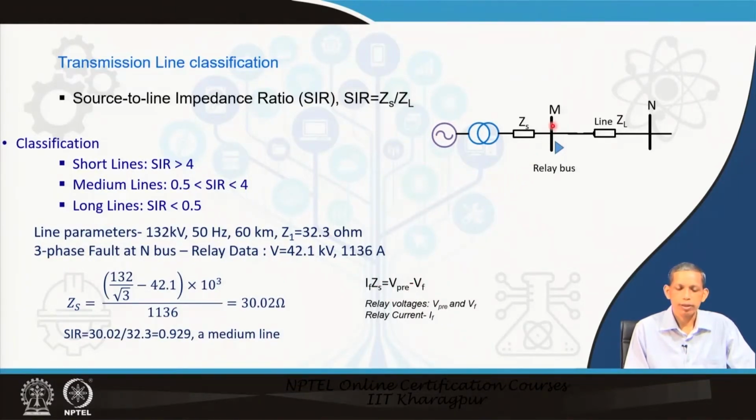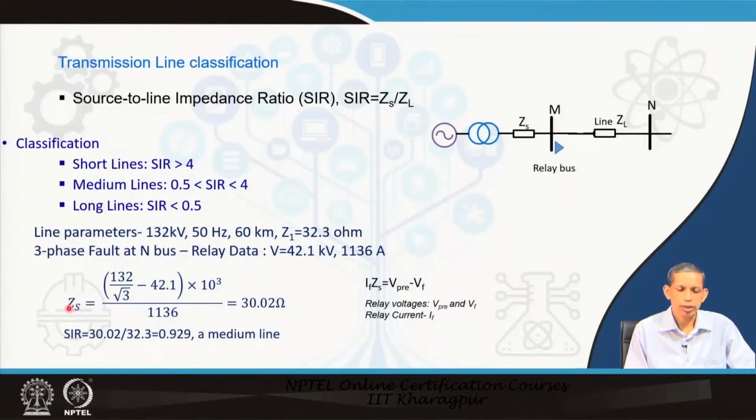The other way we say that before the fault this bus was having a voltage of 132 kV line to line. Now, following the fault, the corresponding bus voltage here happens to be 42.1 kV phase voltage, that is what is recorded by the relay. Therefore, Z_S equals 132 by root 3 minus 42.1, that is V_pre minus V_f, divided by this current I_f, and that gives us 30.02 ohm.